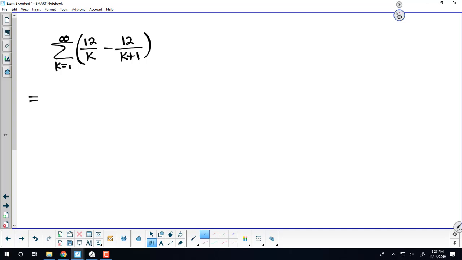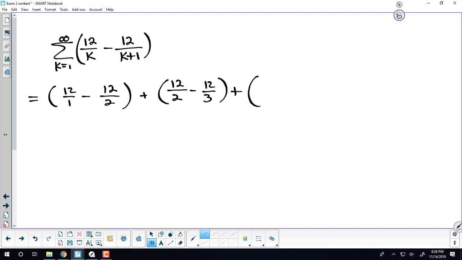So when k equals 1, and I mean we could simplify these, but I'm just going to leave them. k equals 1, k equals 2, and it's up to you how many terms you want to write out. k equals 3.